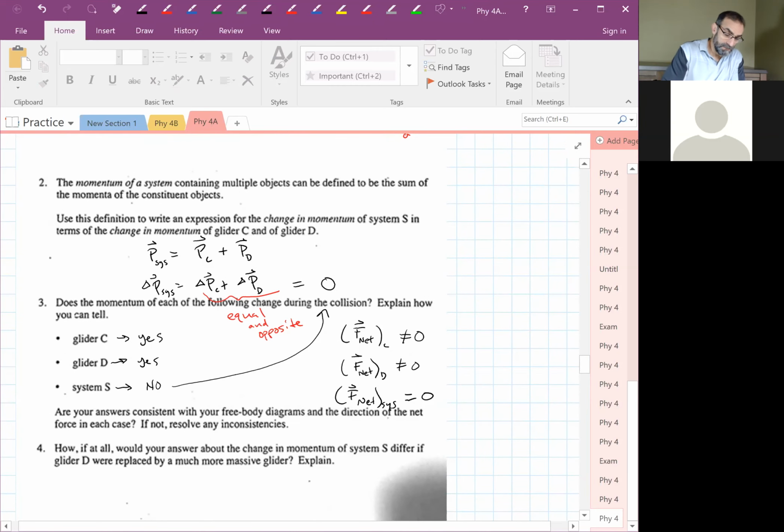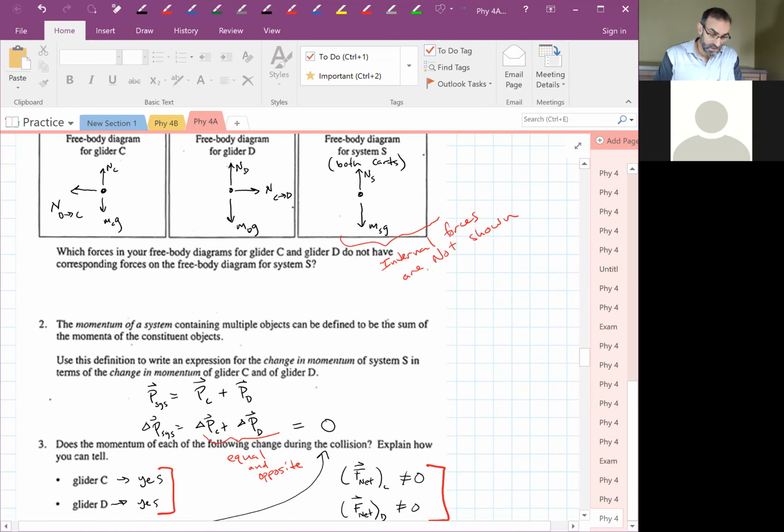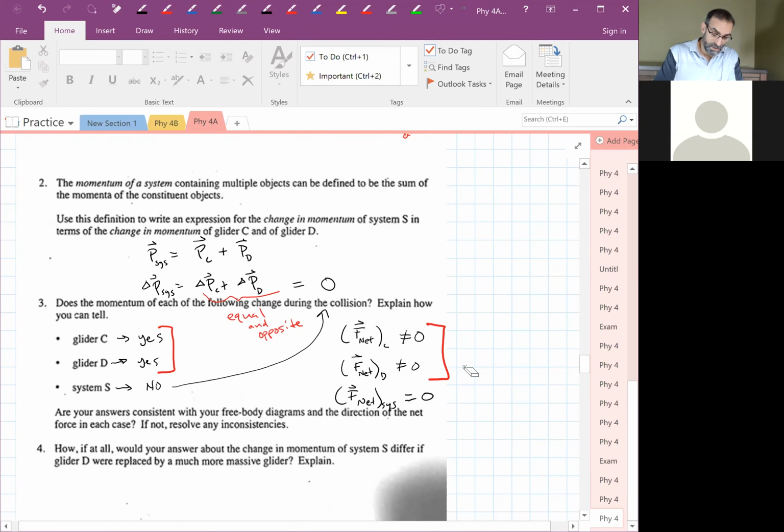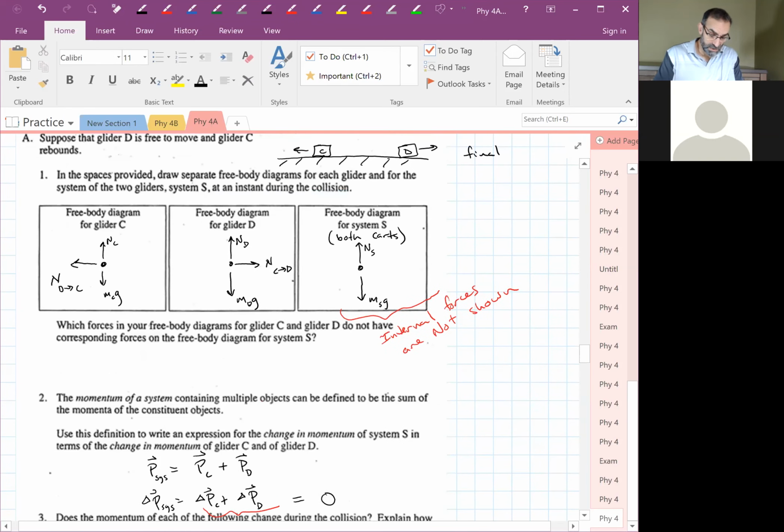Up here, if we only did the first experiment, we had two cases where it did not change. Both times the net force was zero, right? But we don't care about net force. We care about external forces. These were all internal forces.